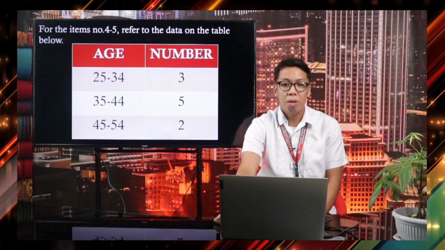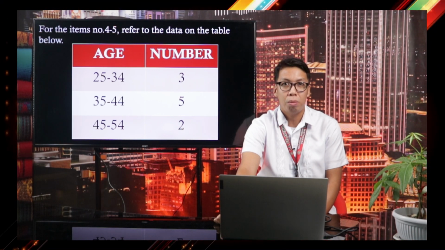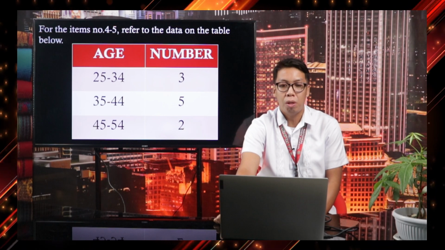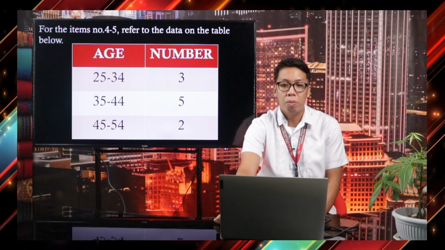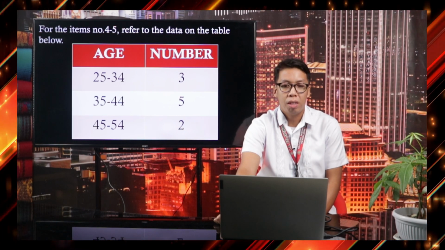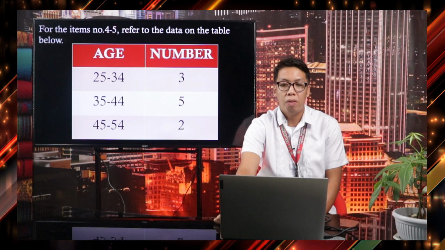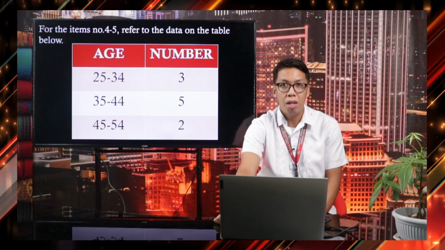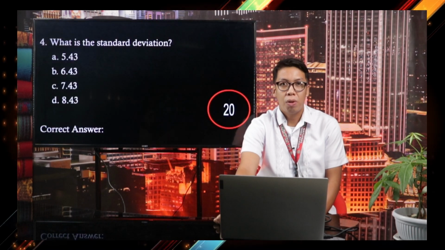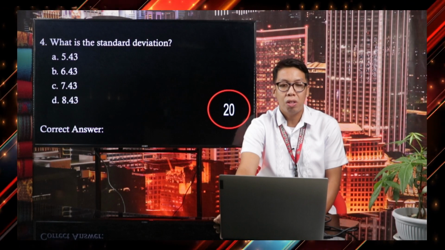For the items number 4 to 5, it refers to the data on the table below. There are 2 types of table. We have the age and the number. For the age, we have 25 to 34, 35 to 44, 45 to 54. And for the number, we have 3, 5, and 2. For question number 4, what is the standard deviation?